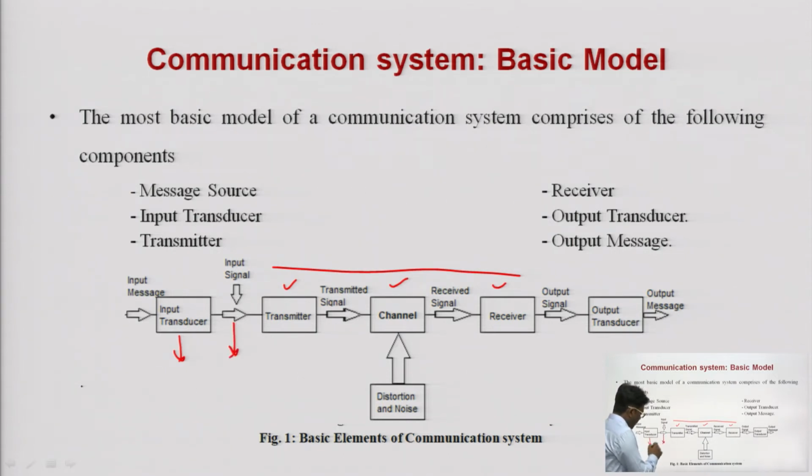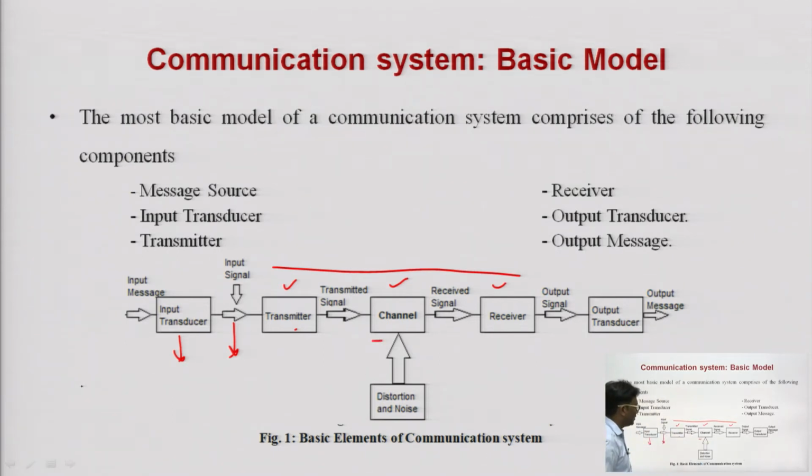So, the output of this input transducer is an electrical signal. This electrical signal is converted into a suitable format by the transmitter, so that it can easily pass through the channel.